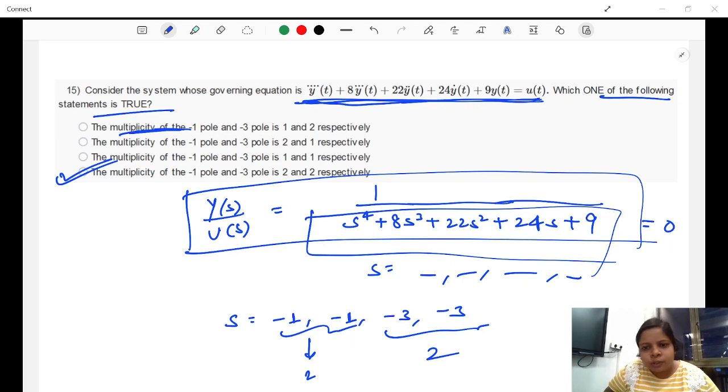This Laplace transform is always going to form the basis of your whole control system course, so it would always be helpful for you. In the next tutorials, you'll probably see what poles and zeros are, and then you'll have some first order, second order systems that you'll go on seeing in the course. Then you will also know some performance characteristics and everything.